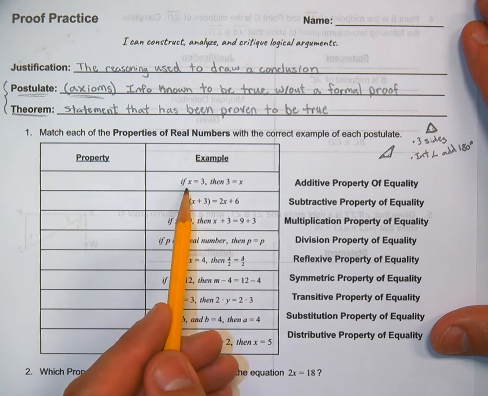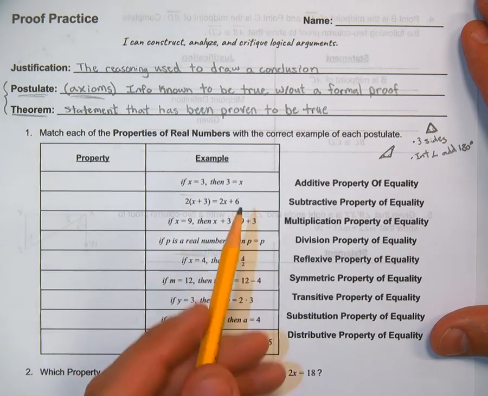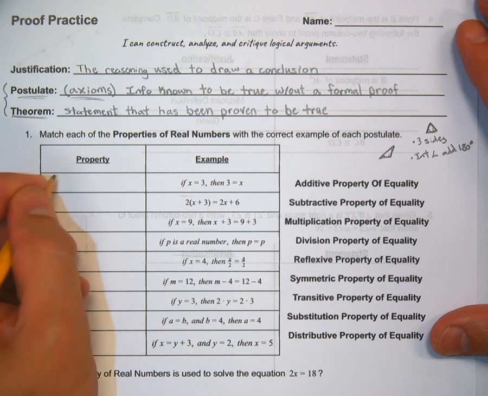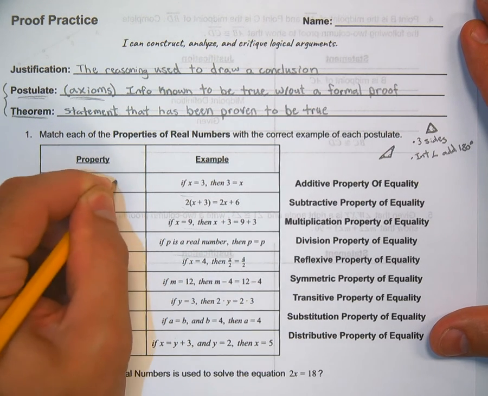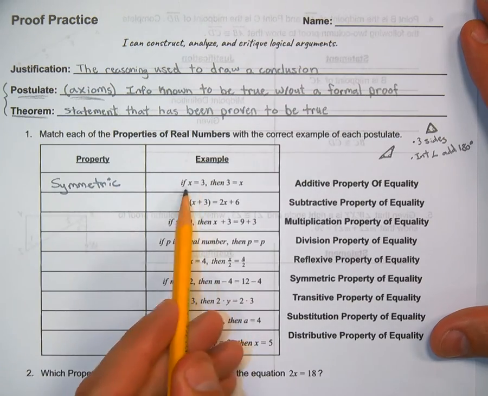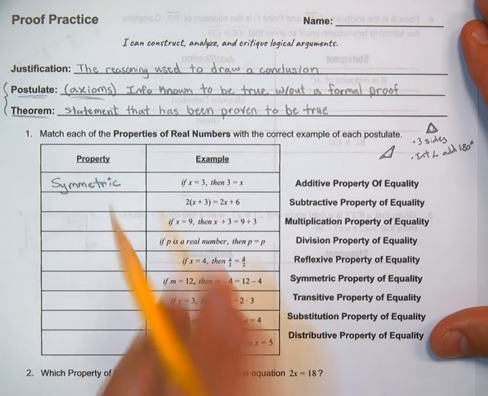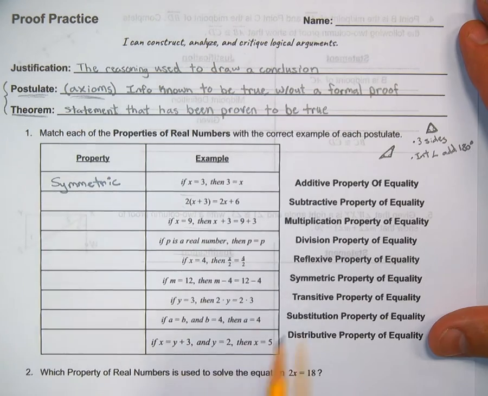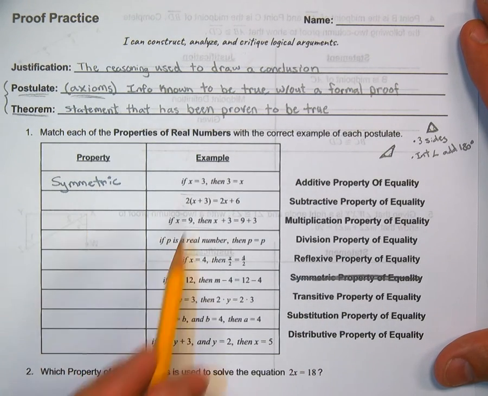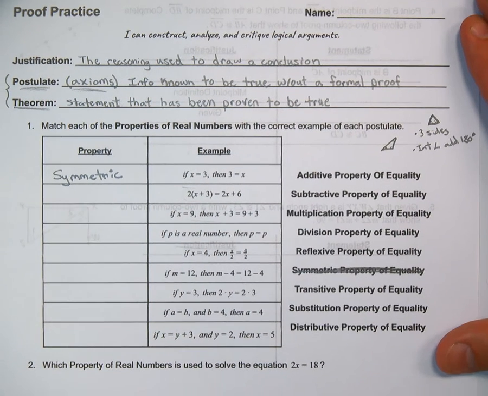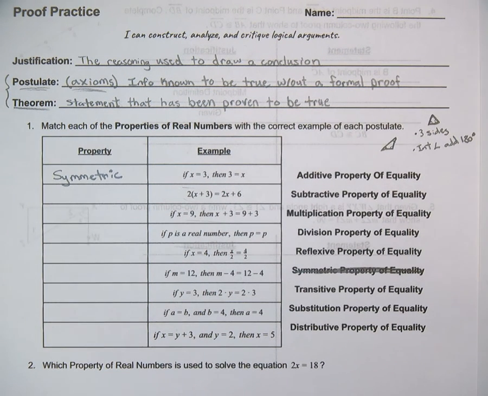For example, x equals 3 and 3 equals x is an example of the symmetric property, because something forward and backwards, seeing its mirror image, is what symmetry is all about, right? So that is the symmetric property. Go through and try to fill in which property goes with each example, and then we can go over them together.